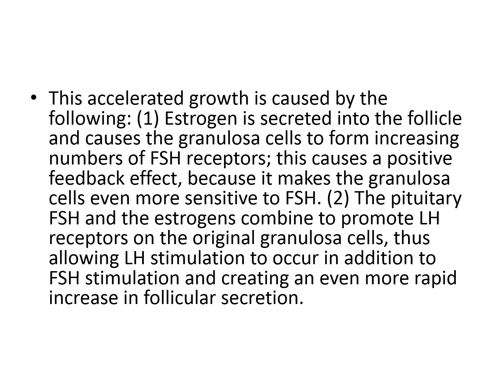This causes a positive feedback effect because it makes the granulosa cells even more sensitive to FSH. Secondly, the pituitary FSH and the estrogens combine to promote LH receptors on the original granulosa cells, thus allowing LH stimulation to occur in addition to FSH stimulation and creating an even more rapid increase in follicular secretion.